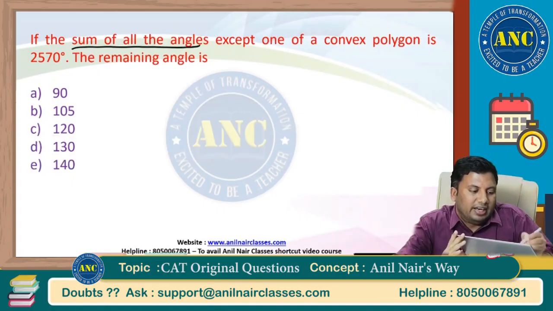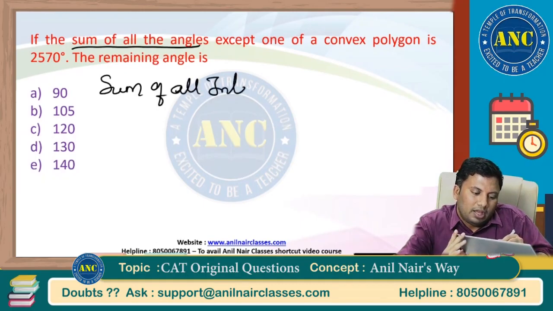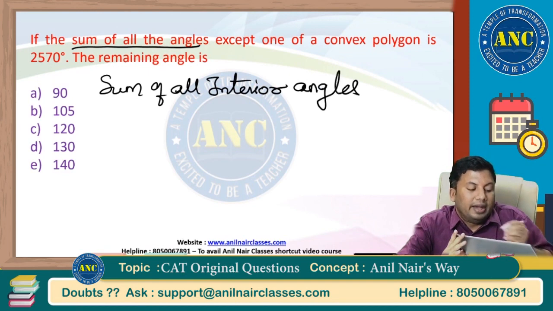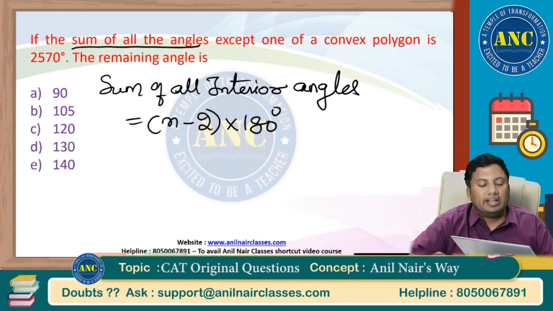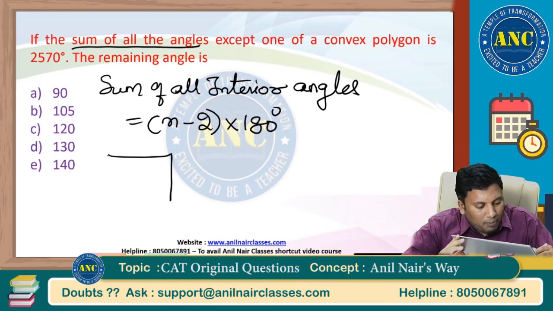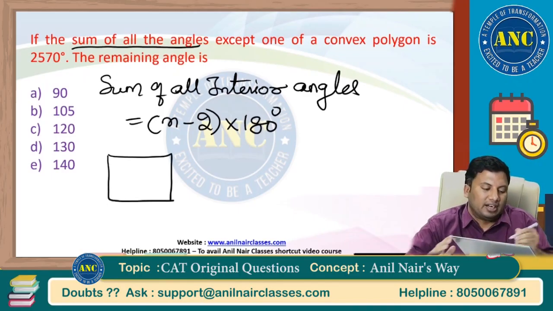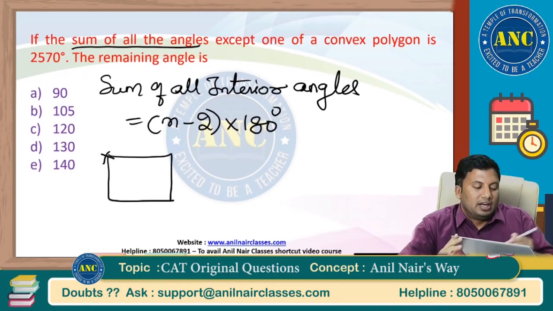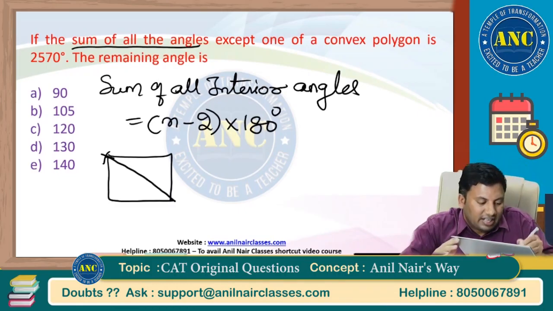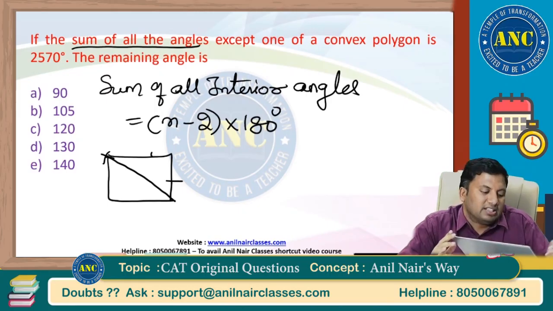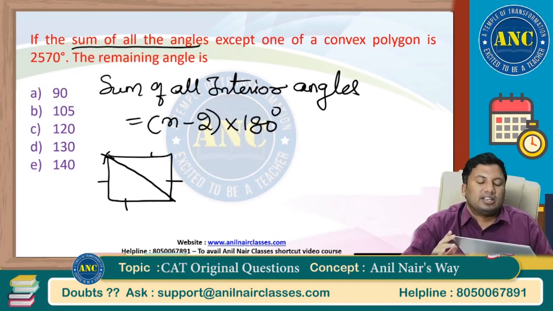Sum of all interior angles is given by n minus 2 into 180 degrees. Why is it n minus 2? Suppose I take a four-sided figure, take one point, and draw lines joining the non-adjacent vertices.